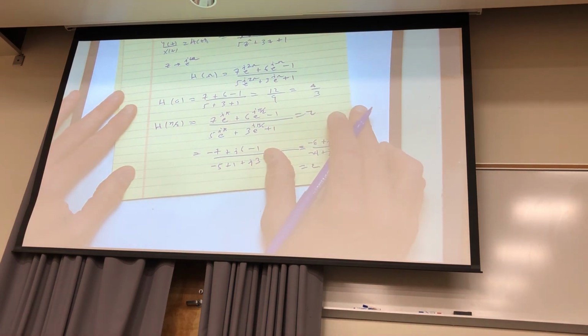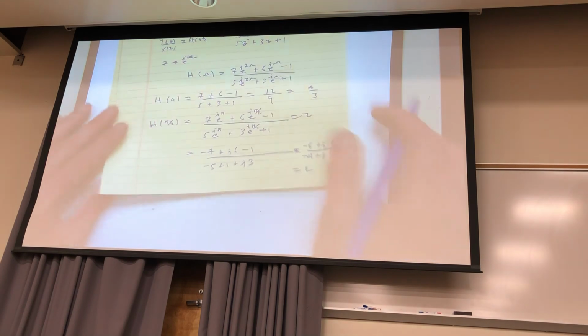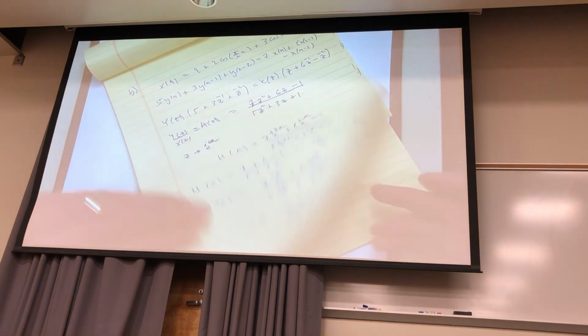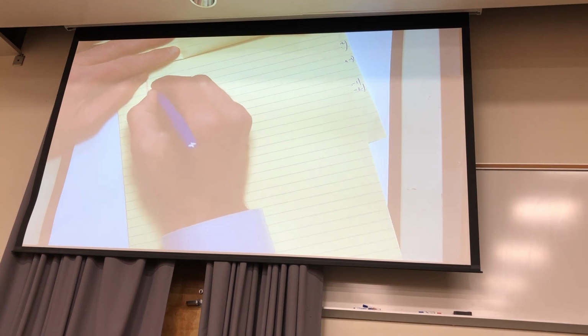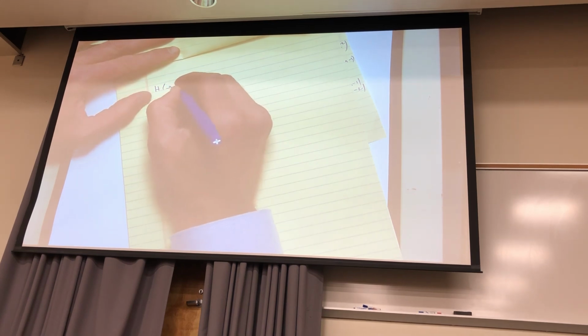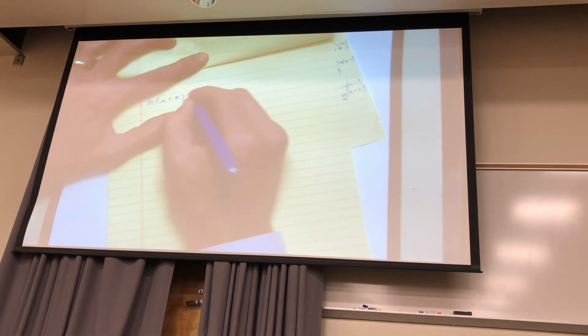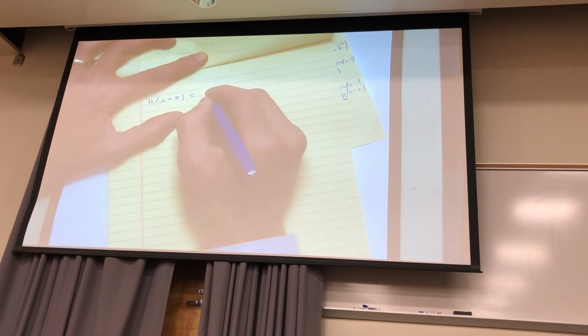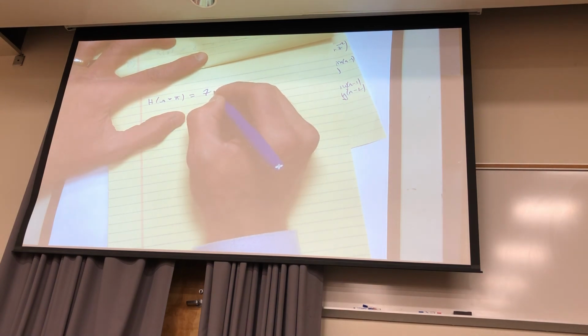And then e to the j pi, when we do it, I think I can do this right. I'm going to have to get another sheet of paper, just a second. So when I do e to the j pi, here I get, I'll just put it down, 7 times e to the j2 pi, which is 1. Follow me?